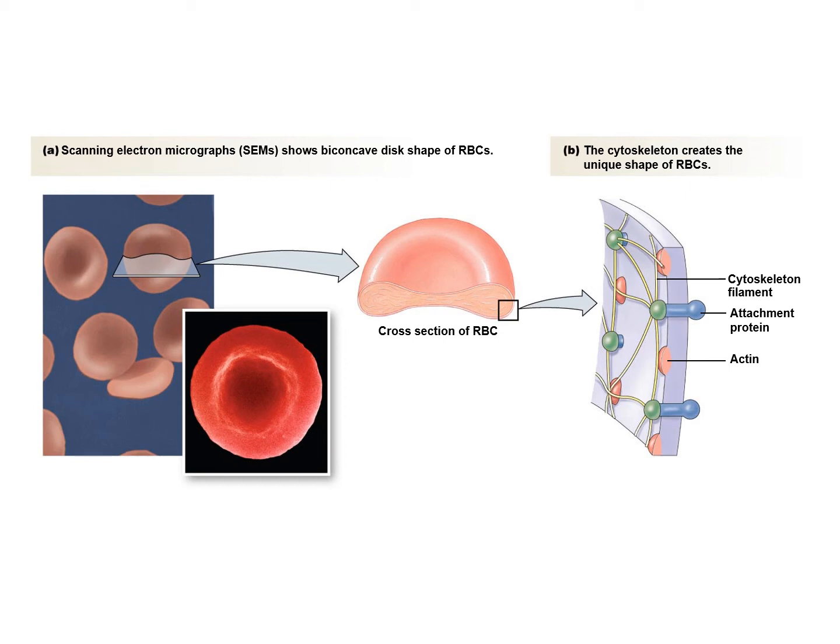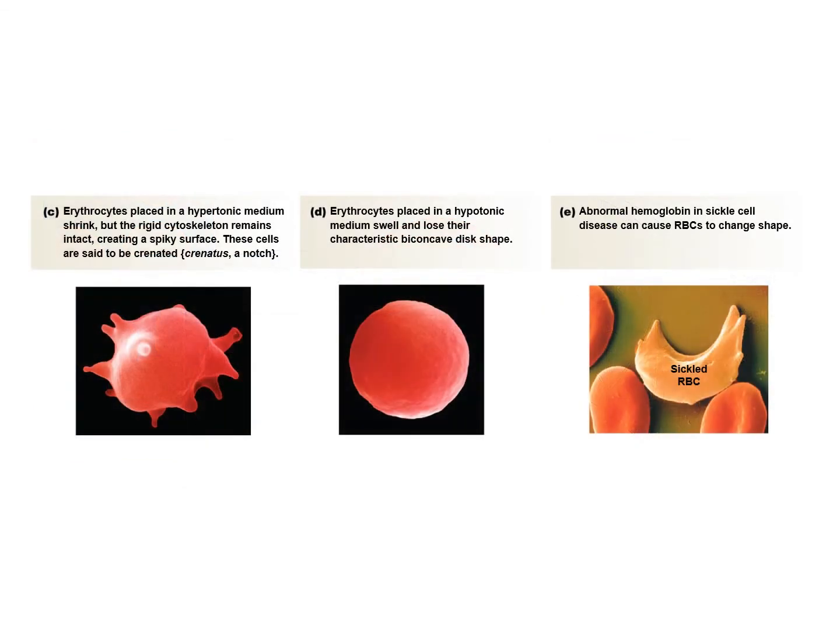It not only has that sort of dinner plate shape, but it also is very foldable to allow it to fit through the narrowest of capillaries. So this is not only for surface area purposes, it's also for perfusion purposes, to allow red blood cells to squeeze into the smallest capillaries that are out there.